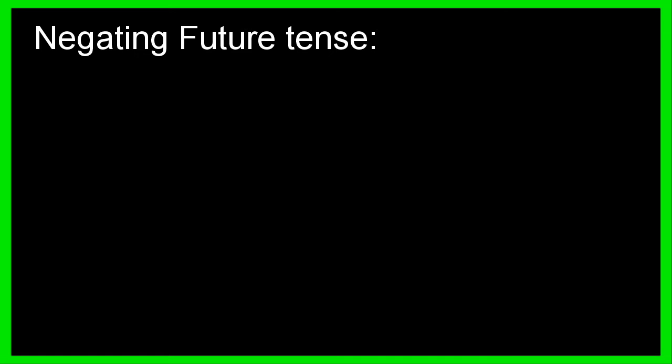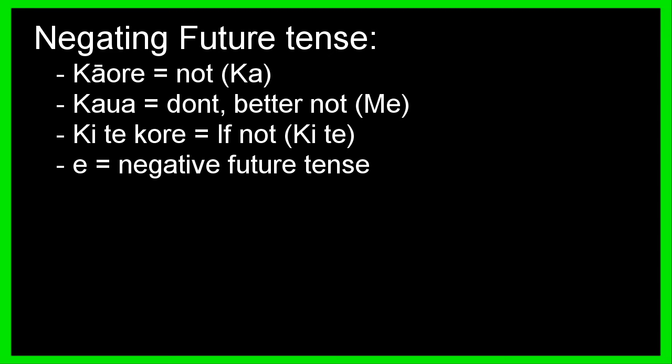And finally, negating future tense, we learned the negative words to use are, for ka, we use kaore, which means not. For me, we use kaua, which means don't or better not.